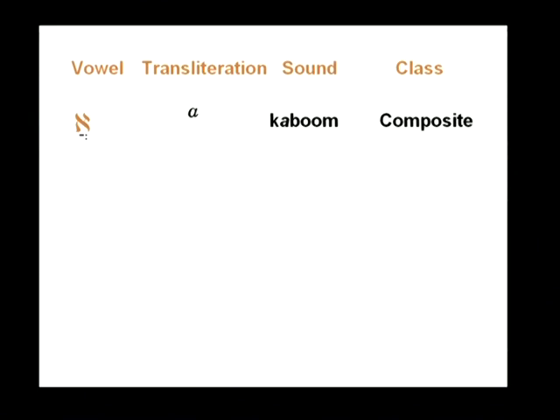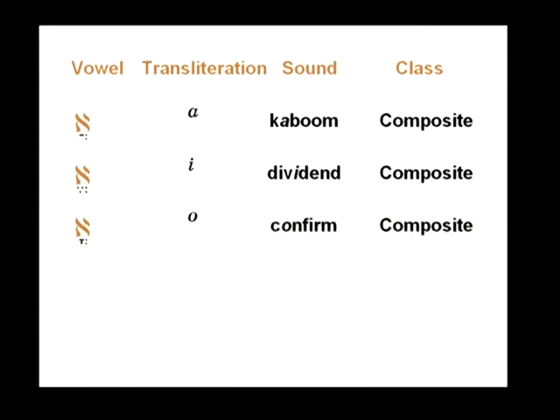You have the schwa on the right-hand side, and then the short vowel of the A class, in this case the patach, the short vowel of the E class, the segol, hatef segol, and then the short vowel of the O and U class, which is the komets hatuf, placed here.